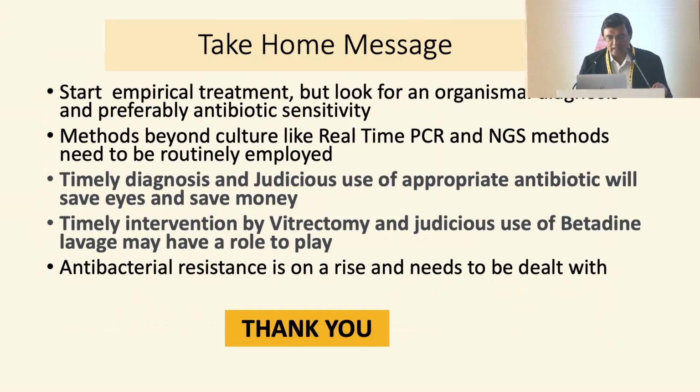So you must start with empirical treatment, which at this point of time may be vancomycin and Tazobec for me. Later on, I may add colistin. There should be a timely and judicious use of appropriate antibiotics, timely intervention with vitrectomy, and we must be aware of the bacterial resistance. So therefore, we must be ready to change the antibiotic.